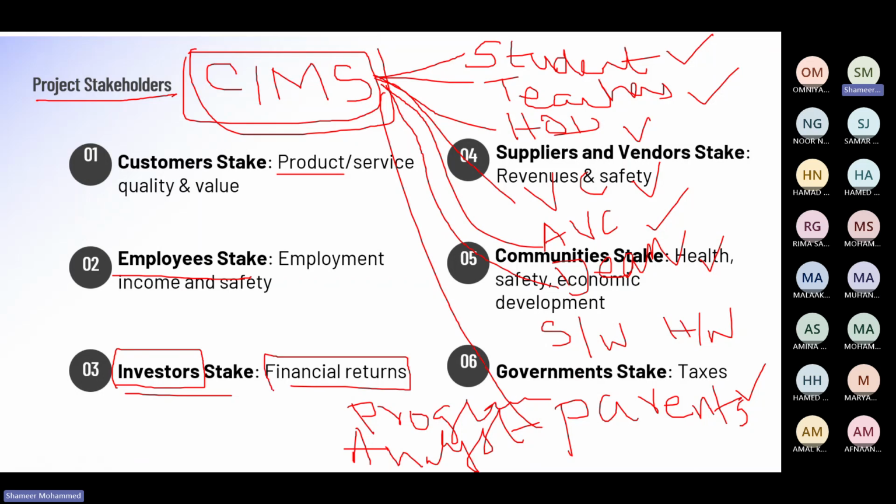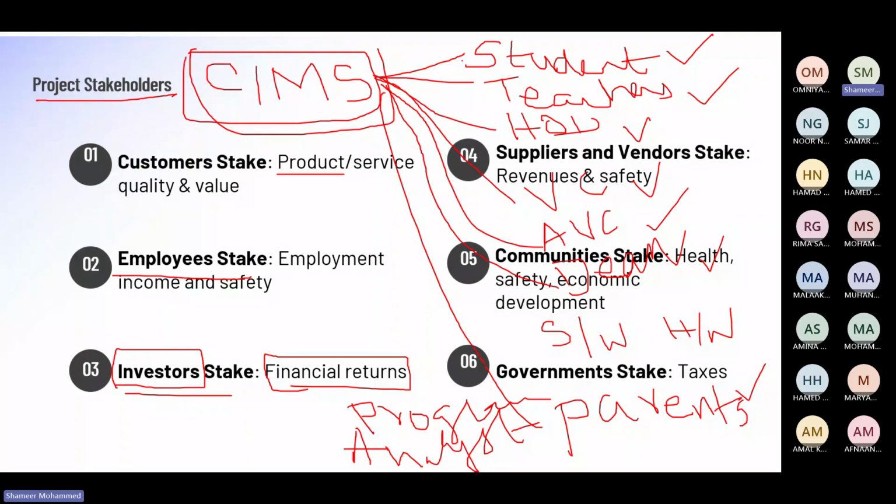This is our government college. You are studying free, but in a private college, you have to pay fees. So if a university like Sharkia, Dhofar University, Sohar University is using this system, SIMS, they get the money. The student will pay the fees to study the subject, to register the subject.